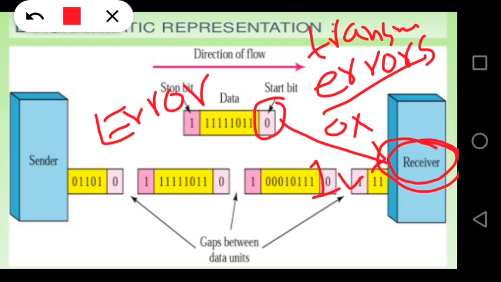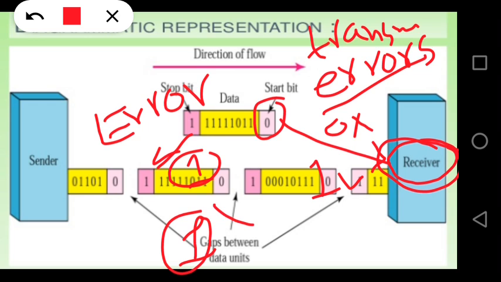So if it received one stop bit 1, and again received a stop bit 1, it is wrong because it has to receive a start bit, that is 0. This is one simple technique with which the receiver understands that an error has occurred. This is called error detection.